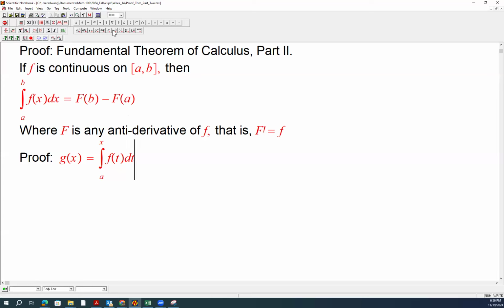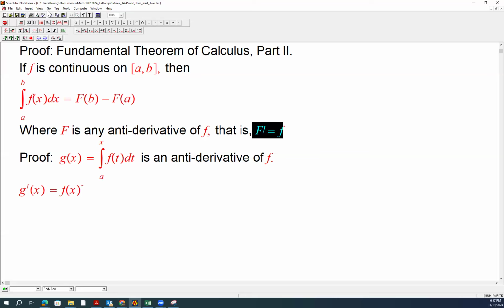So g of x constructed this way is an antiderivative of lowercase f, because fundamental theorem of calculus part 1 has proved that g prime is f of x.